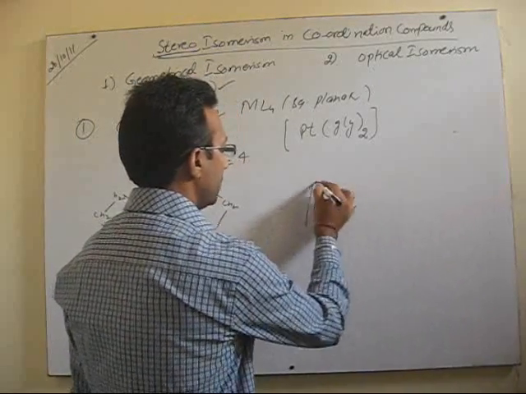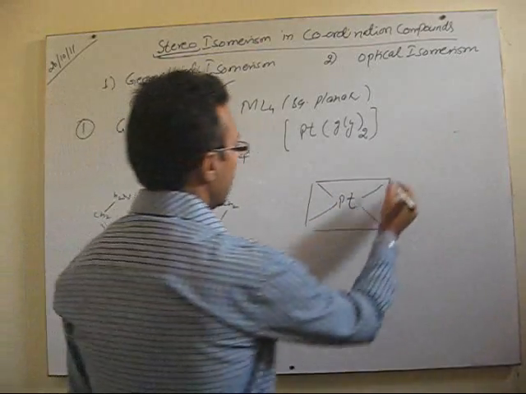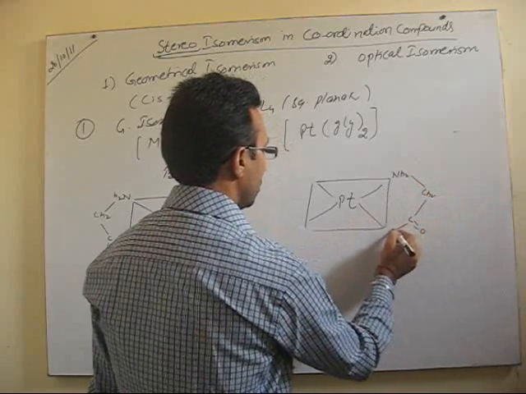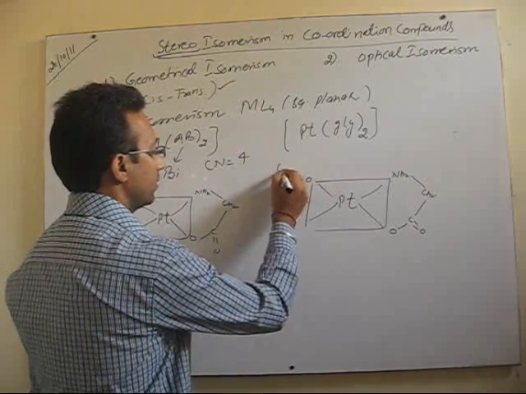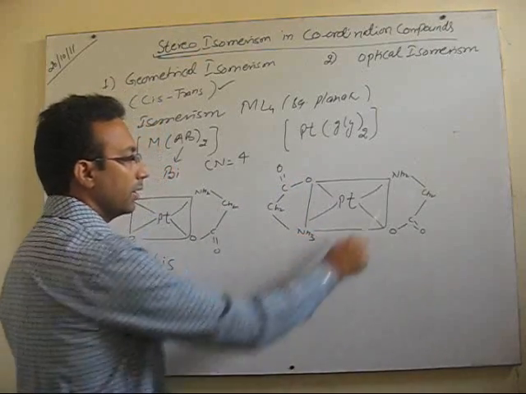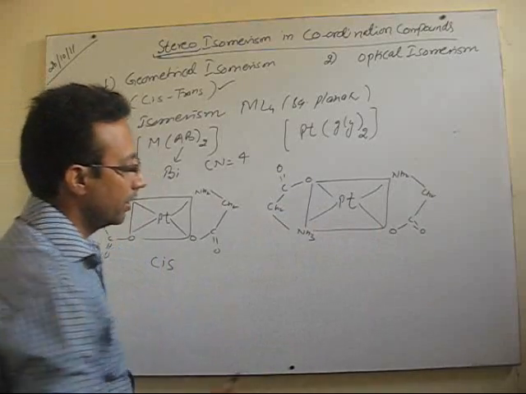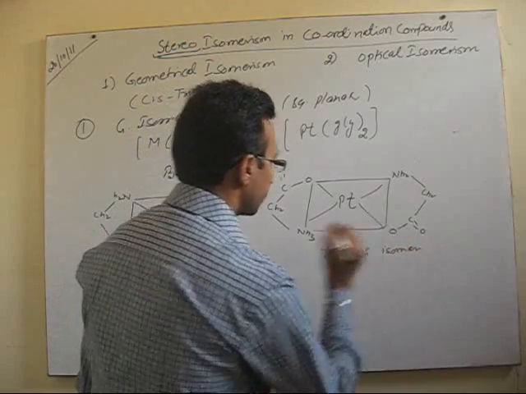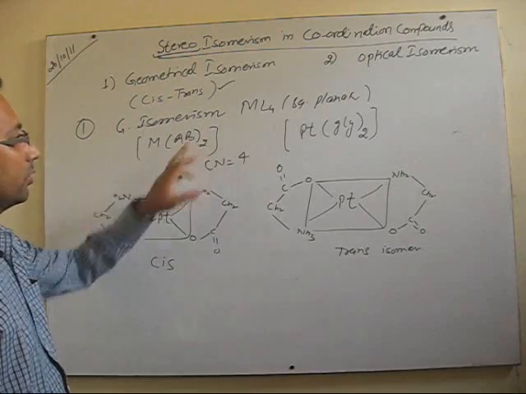Now if there is a little change in the position in space, suppose I am keeping this ligand in the same position around the central atom, but the other one is now like this. So you see here, nitrogen, nitrogen are diagonally opposite, oxygen, oxygen are diagonally opposite. Fine. So this creates a trans isomer. So this is the third category, M(AB) twice.